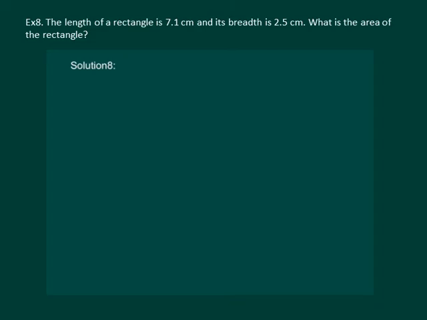Let us read the question. The length of a rectangle is 7.1 centimeters and its breadth is 2.5 centimeter. What is the area of the rectangle? We know that area of the rectangle is length into breadth. Length is given as 7.1 centimeters while the breadth is given as 2.5 centimeters.